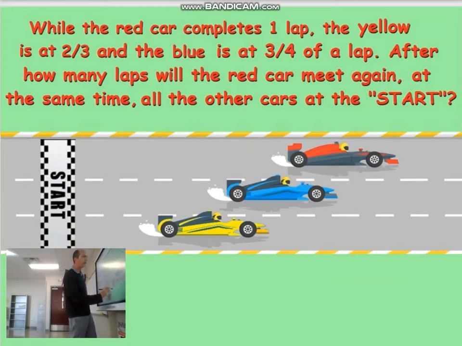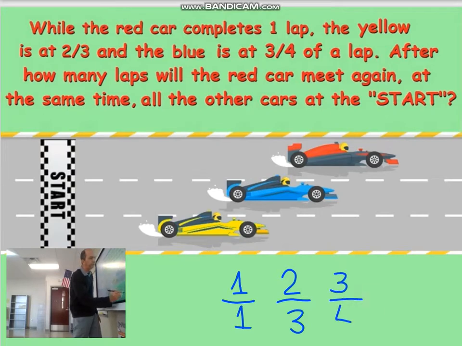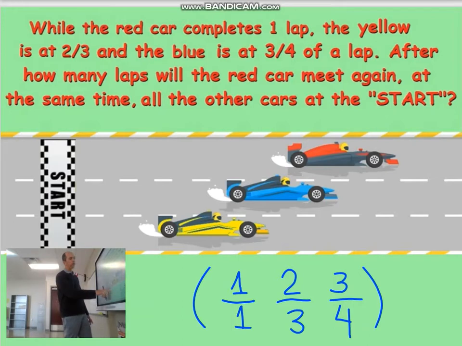If the blue car completes one lap, and then the red car completes one lap, the blue car will be at 2/3. And the yellow car will be at 3/4 of a lap. We need to find a number that multiplying all these fractions will make each one of these fractions an integer number.